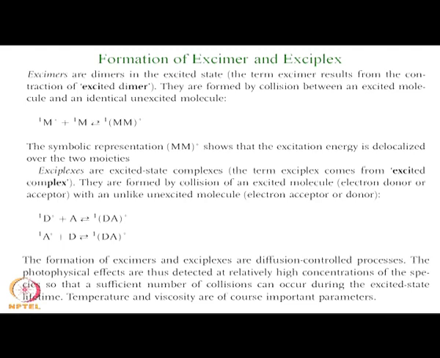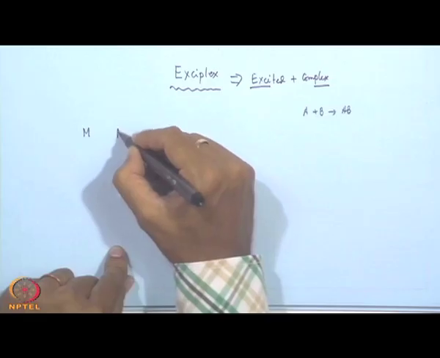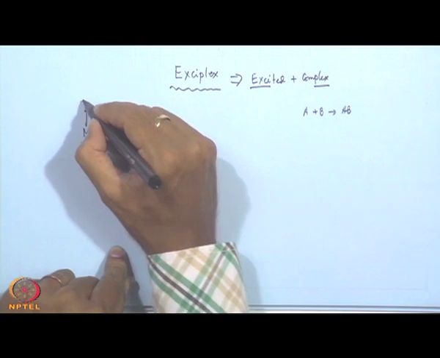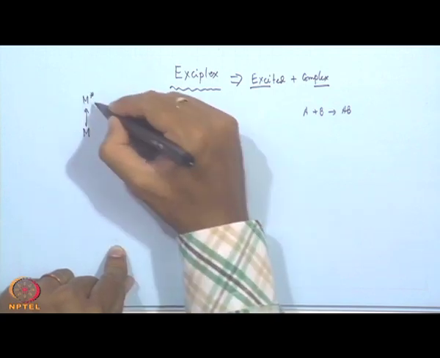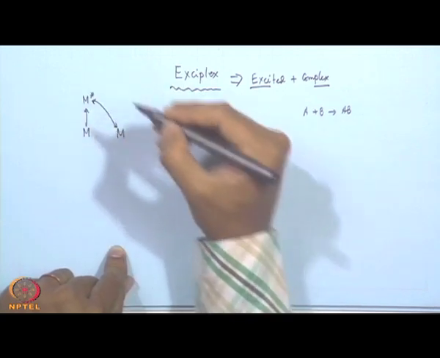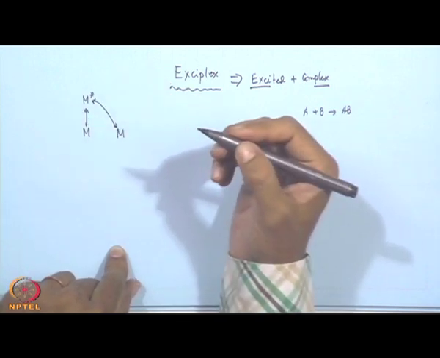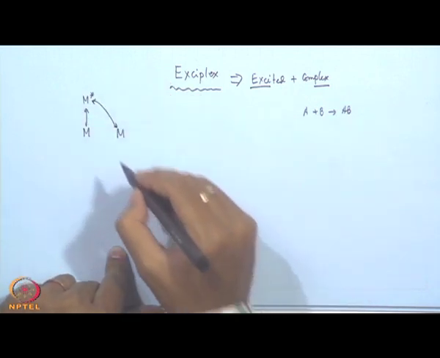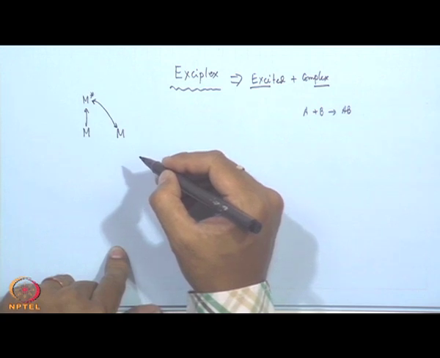So, one molecule, say M, another molecule M, so you excite, giving rise to M star, and then these two interact, maybe a collisional interaction leading to this excimer.